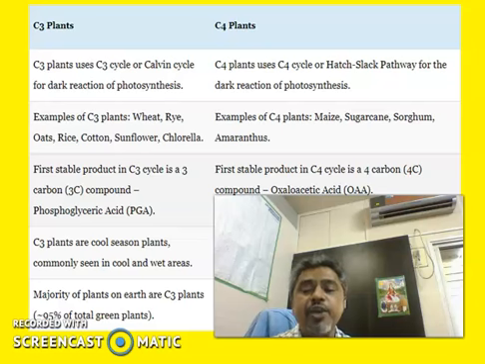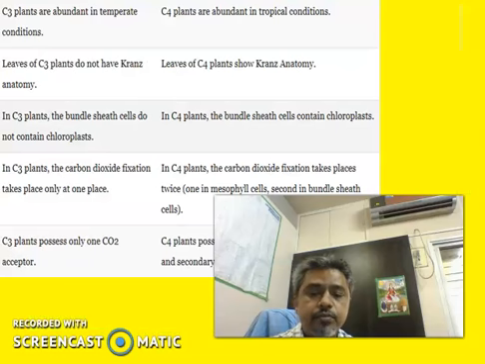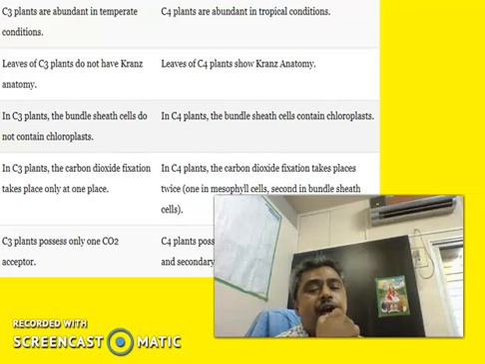We will continue with that. Now, temperature condition, as I said in the previous lecture, is required less than 30 for C3. Here is 45 degrees, and C3 plants are abundant in temperate conditions.